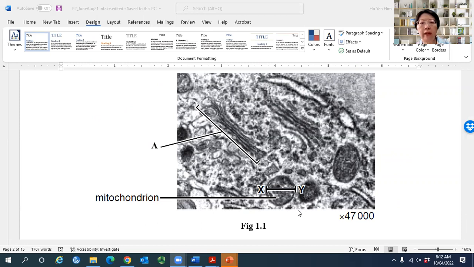A lot of students write this as rough ER or smooth ER, so it's wrong. This is a stack of flat membrane structures arranged in layers, not interconnected, not connected to the nucleus, and they have vesicles at the edges. Therefore, this is a Golgi apparatus rather than rough ER.